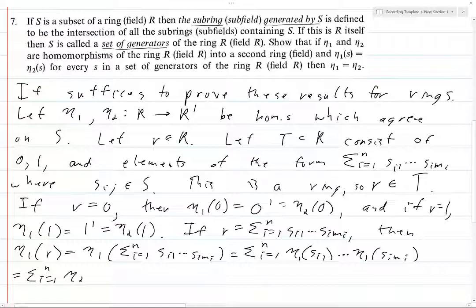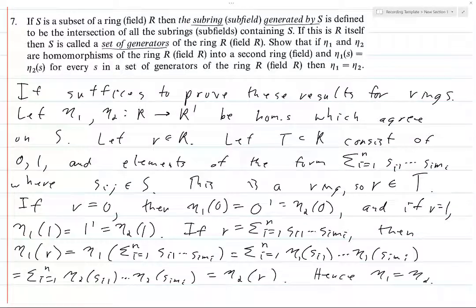And so there you go. By the way, you really do need it to be a homomorphism under both addition and multiplication, because we used both of those when we brought eta 1 inside this sum.